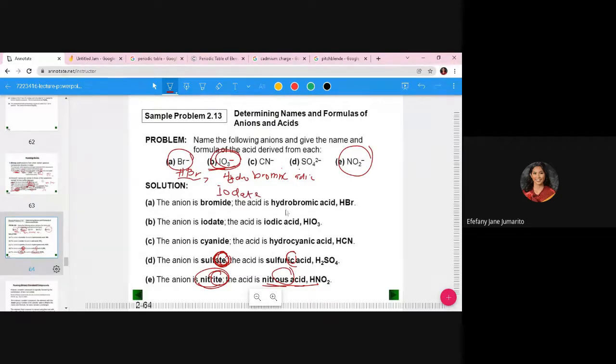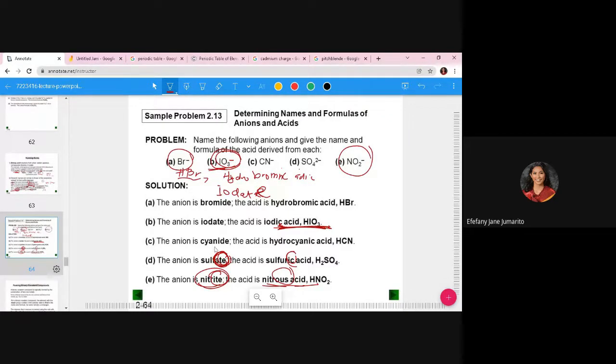Now, letter B is iodate. So we just add ic acid.